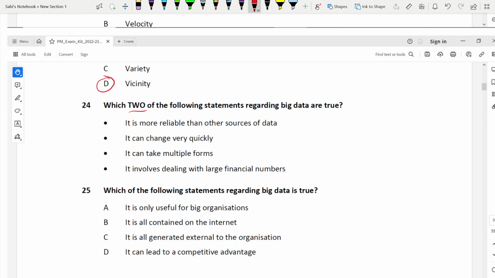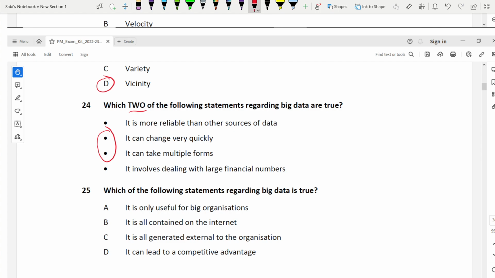It is more reliable than other sources of data. It can change very quickly. It can take multiple forms. It involves dealing with large financial numbers. Correct are the second and the third statements. The first and the fourth are wrong because big data is not more reliable than other sources of data, and big data does not mean large financial numbers.